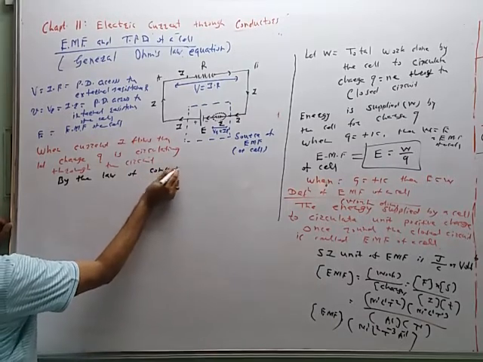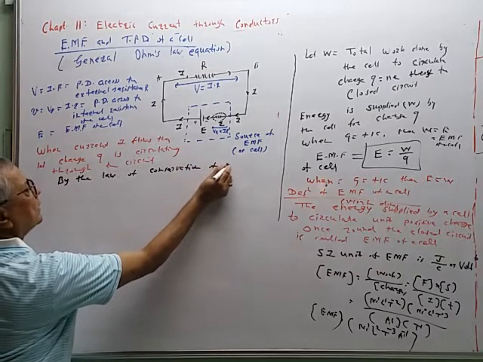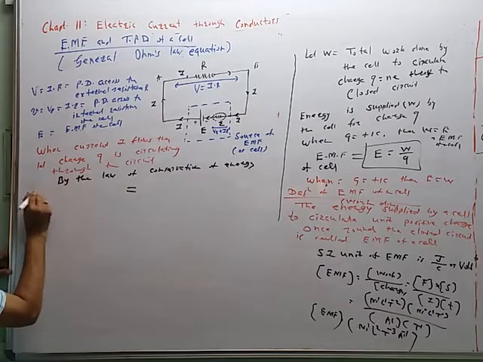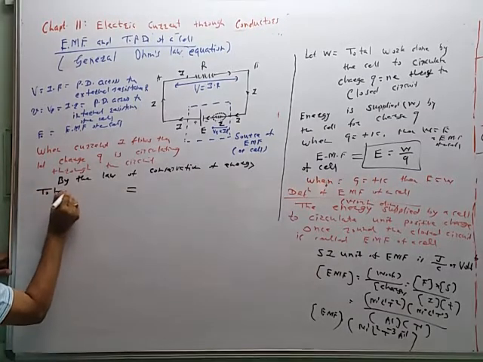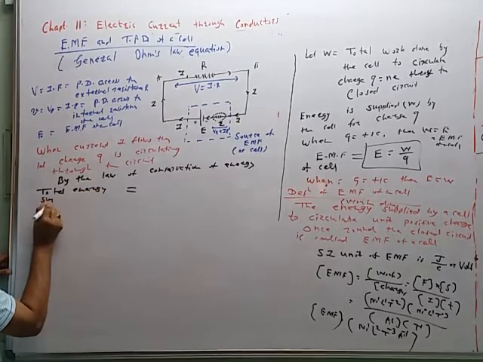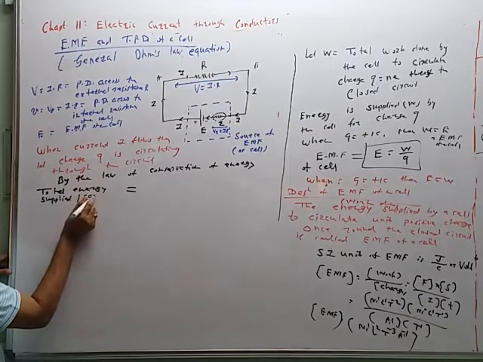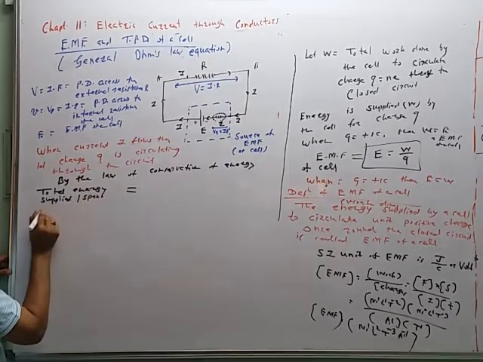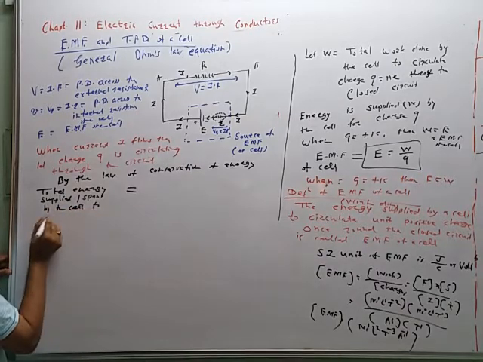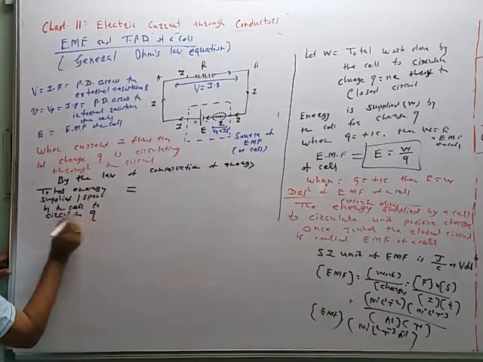By the law of conservation of energy, total energy supplied, or total energy spent by the cell to circulate Q charge.